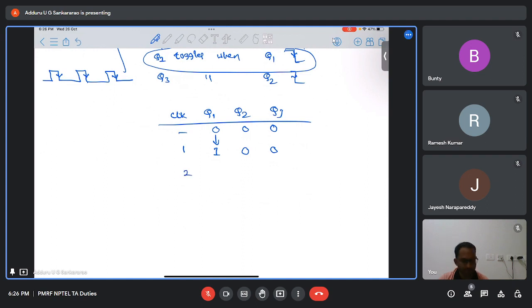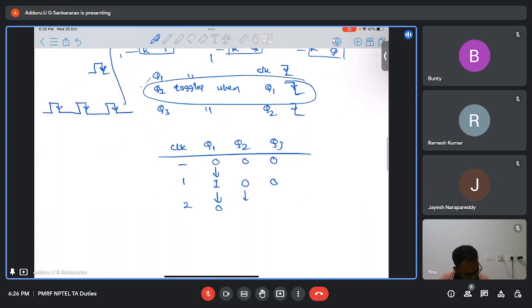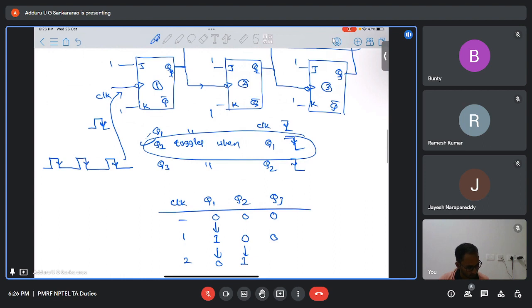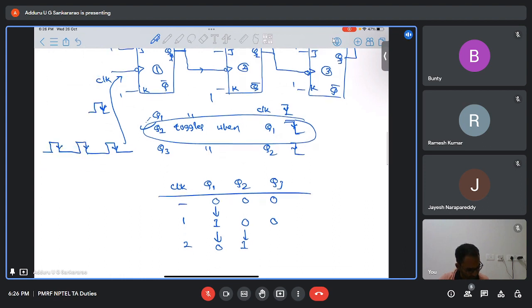Now the second clock pulse is applied. Again Q1 toggles from 1 to 0. Toggle means 0 to 1, 1 to 0. Since Q1 is changing from 1 to 0, Q2 will toggle. So Q2 will become 1. Earlier it was 0, now it is 1. Now what about Q3? Q3 will not toggle. When will Q3 toggle? When Q2 is changing from 1 to 0, and the negative edge occurs at its clock input.